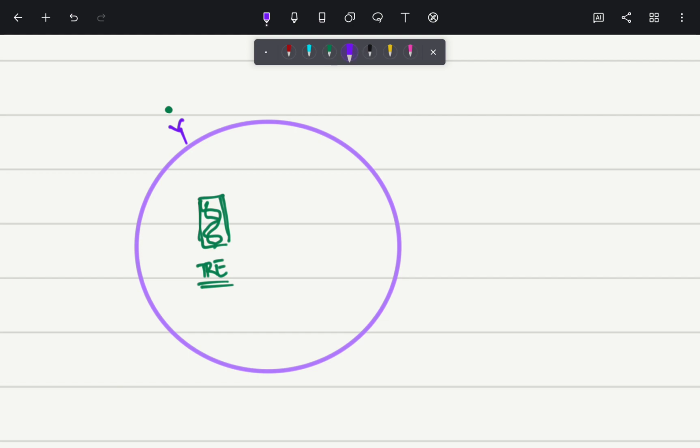Unfortunately this thyroid response element is bound with the repressor protein. What is this? This is a repressor protein. And whenever this repressor protein is attached to the thyroid response element, it cannot go forward.